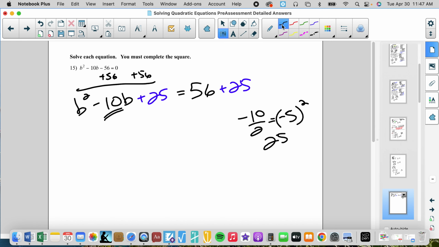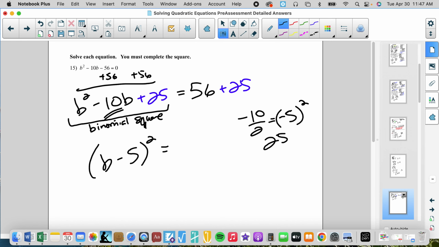And because we added 25, this now is a binomial square. The reason we like that is because that's going to produce b minus 5 quantity squared. Where we get the minus from this sign, that's always going to have its sign, equals 81.